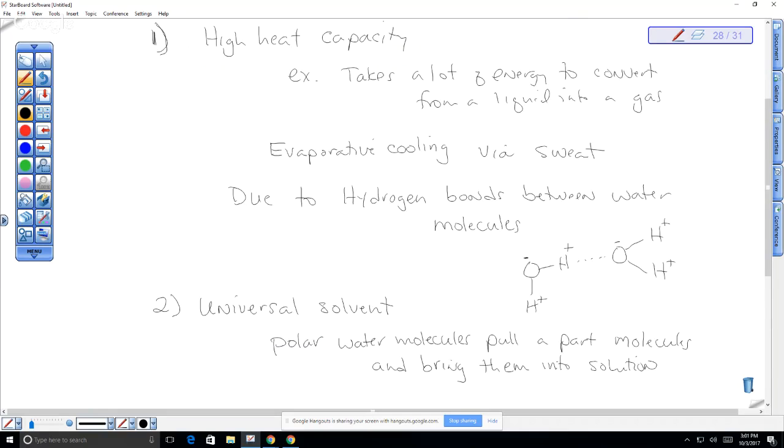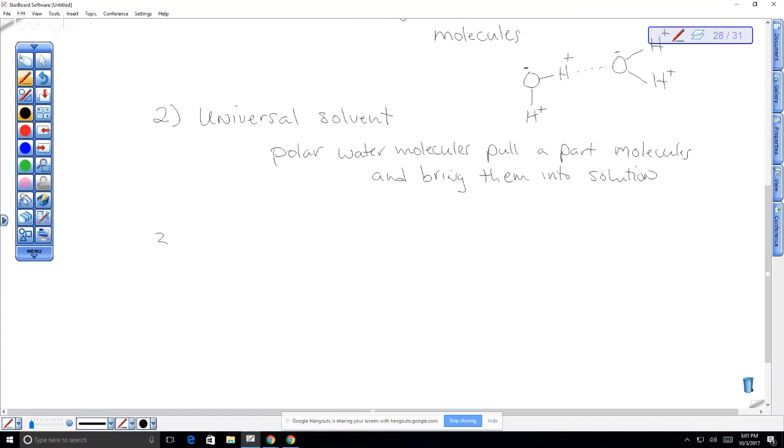Water molecules are also cohesive and adhesive. What this means is that they adhere to one another, and they also adhere to other structures, right?